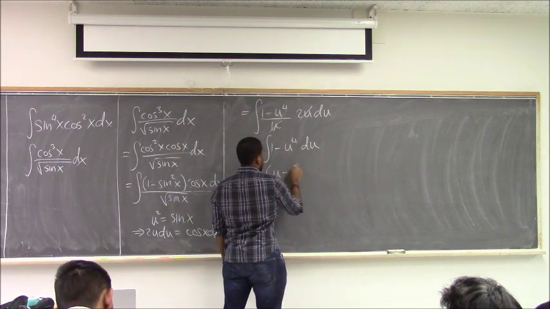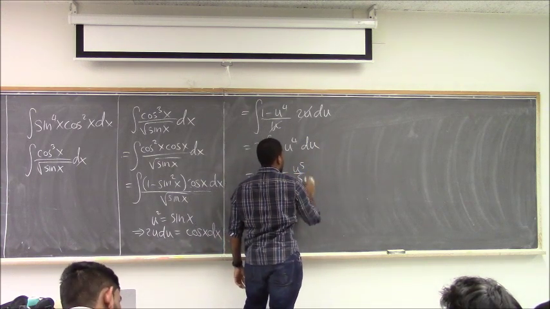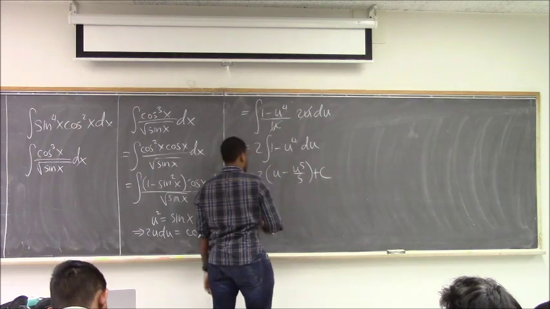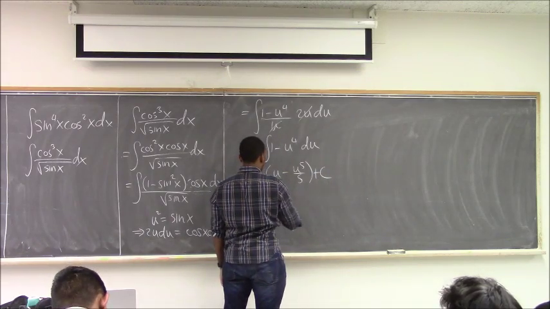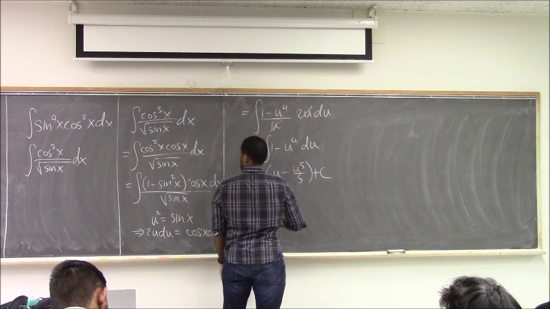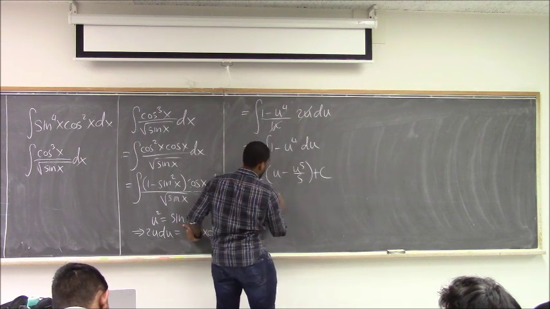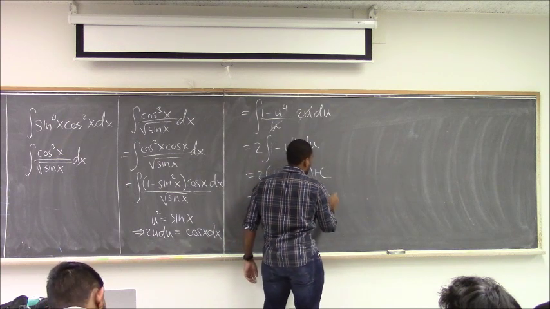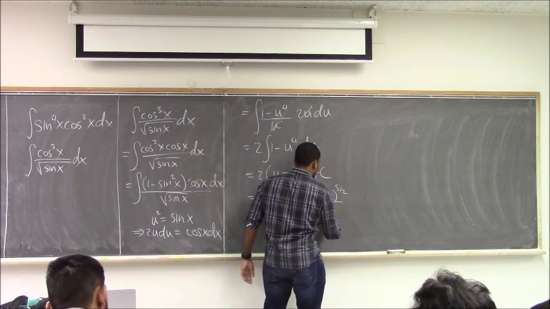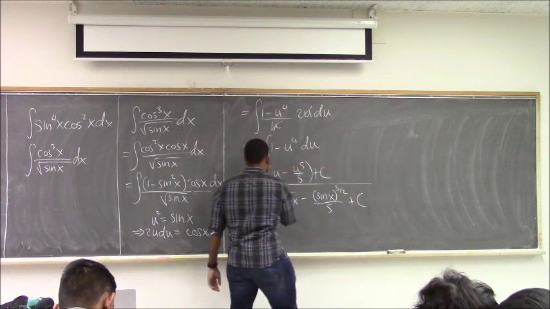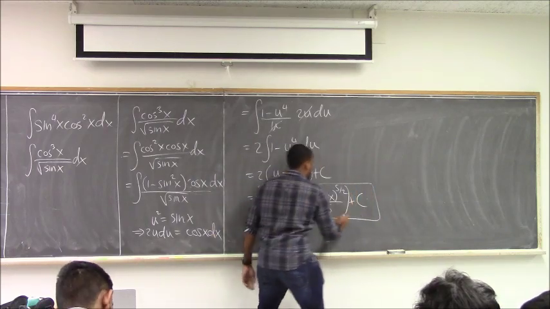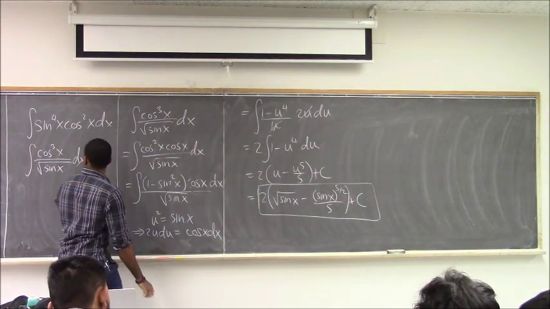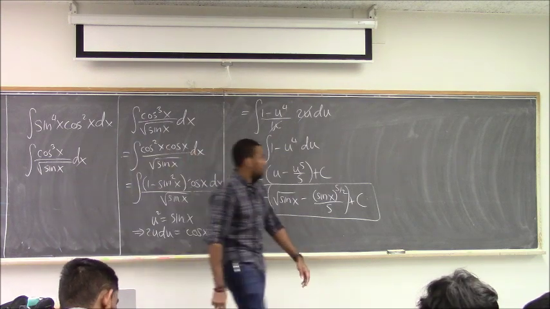That's just u minus u to the 5th over 5. And our u is the square root of sine. So that's that one. Okay.